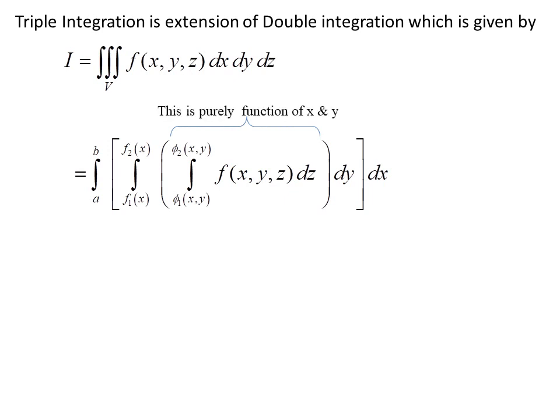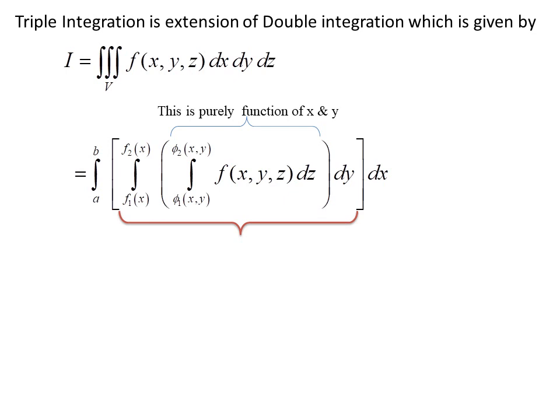After carrying out this integration, as the limits are functions of x as well as y, that means these should be limits of z, we should get purely a function of x as well as y. Secondly, the outer integration with respect to dy must be carried out, and this integration has limits f1 of x to f2 of x, which certainly should be limits of y.